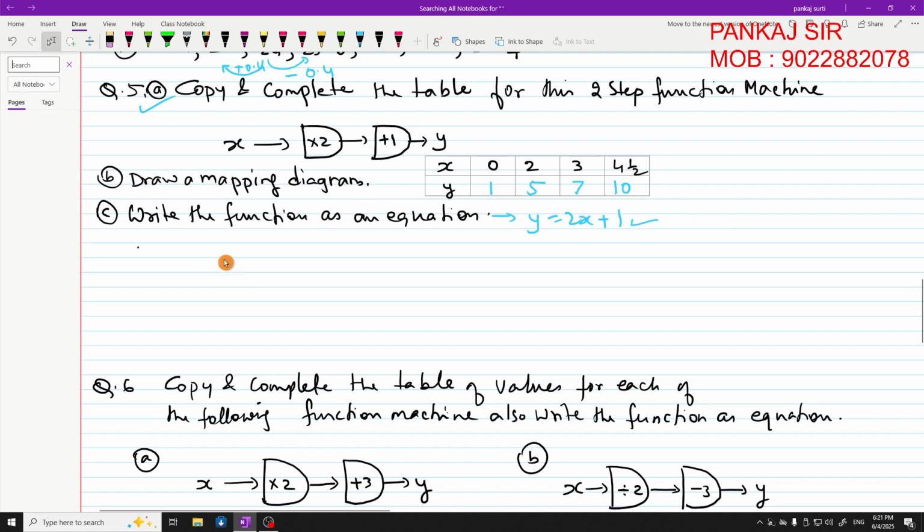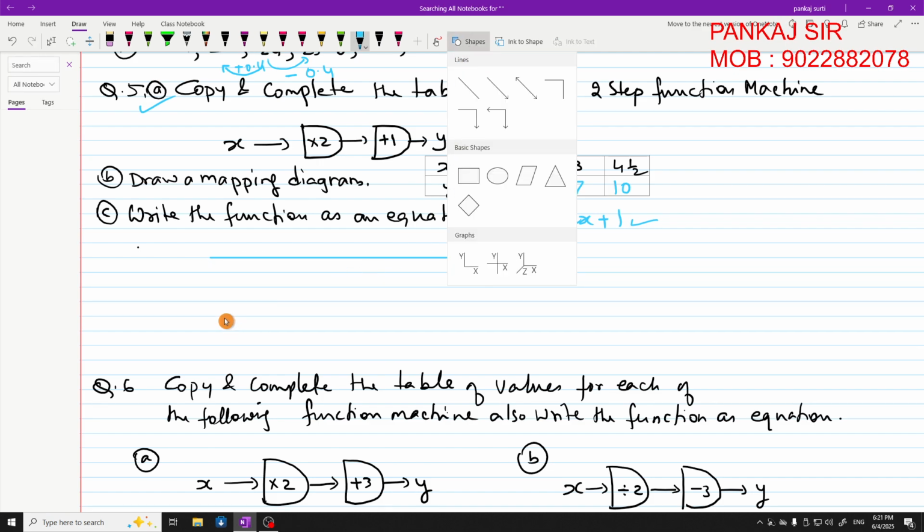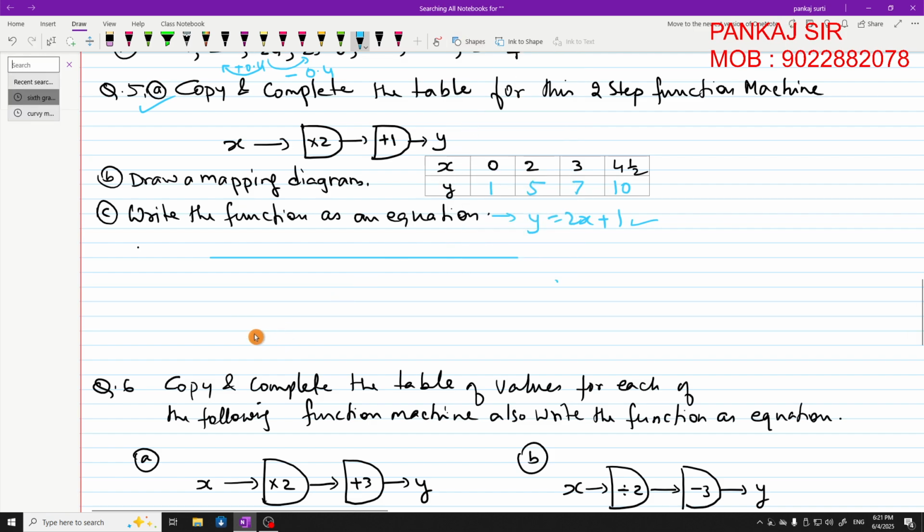Now draw the mapping. So to draw the mapping, what I will do is, I will draw two parallel lines. Two parallel lines. And this is for x, this is for y.